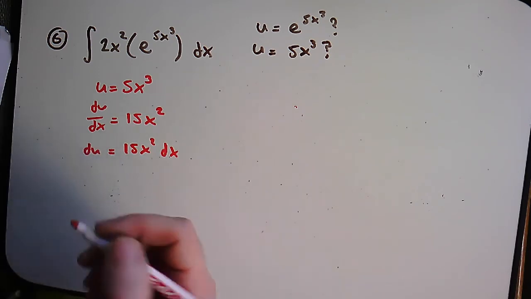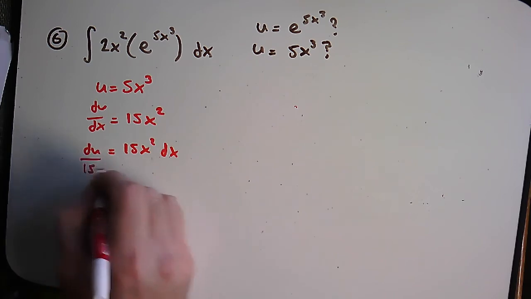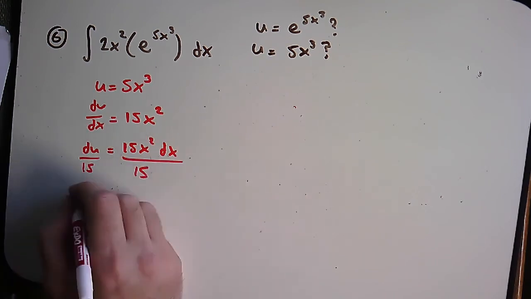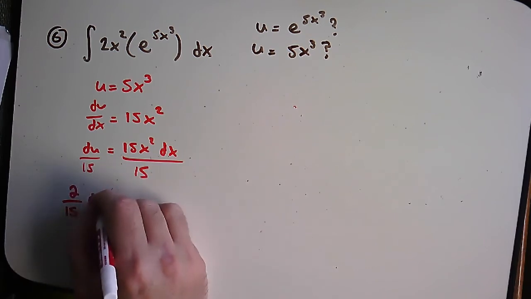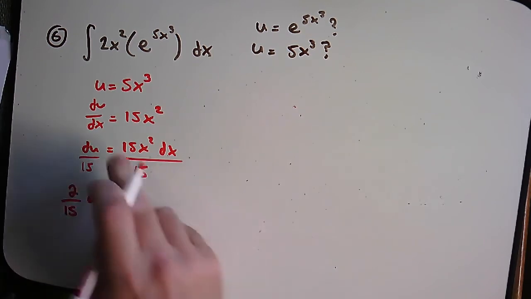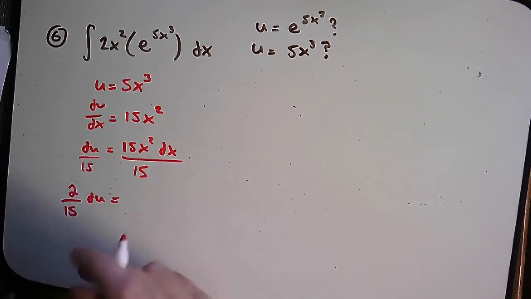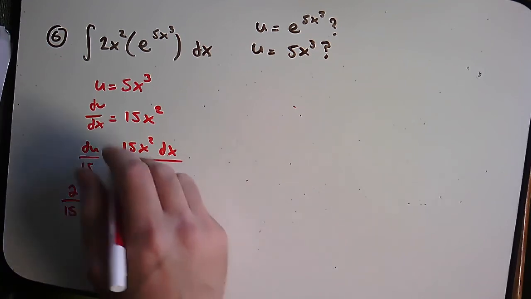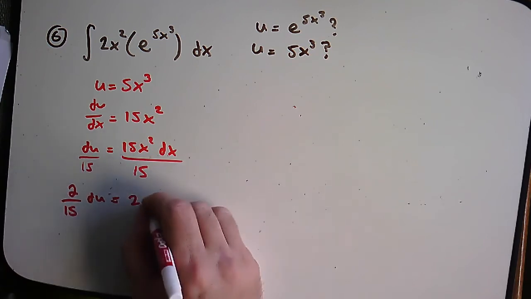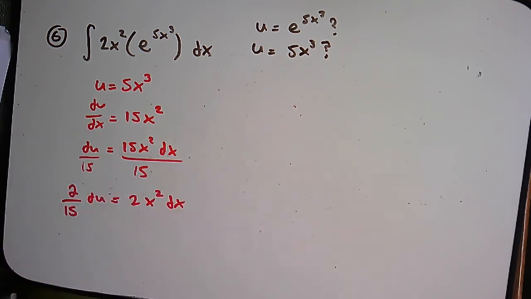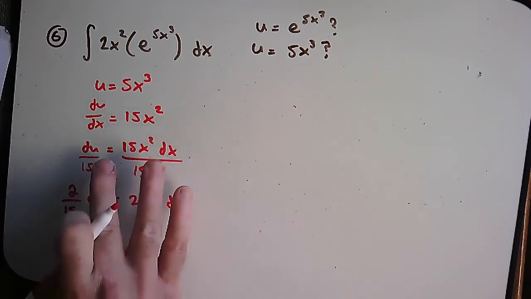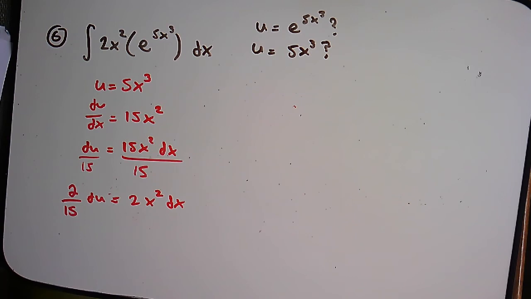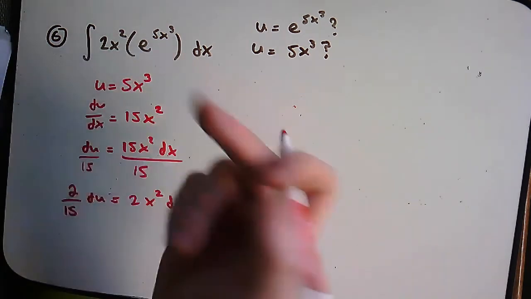So dividing by 15, and then multiplying by 2. So we'll have 2/15 du equals, 15s cancel. Right? So multiplying both sides by 2, we get a 2 over here, 2x squared dx. Okay, so we changed our 15x squared dx, which we got as a result of our choice of u, and we multiplied both sides by 2, divided by 15, so that it matched our integral here.